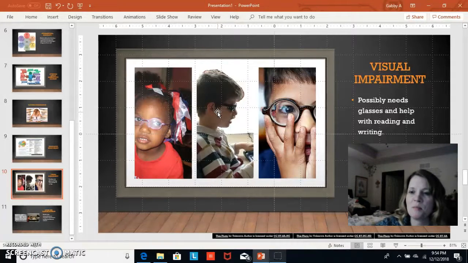Visual impairment. Most students have problems with reading and writing, and they must have glasses. This was actually kind of hard. My daughter was in kindergarten and passed the seeing test, no problems. Got in first grade, and the school district got a new machine that actually took pictures of the children's eyes.